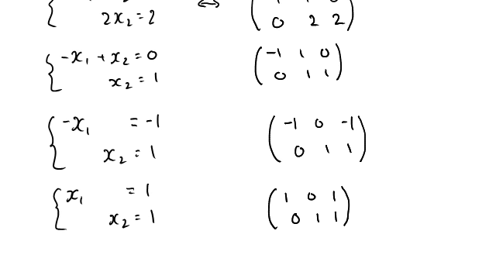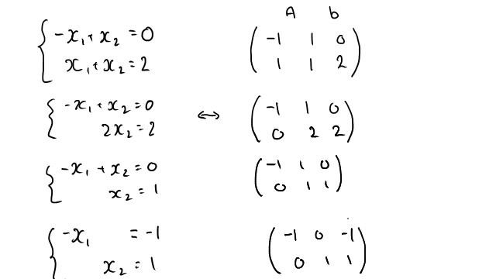That in turn means that if I perform an elementary row operation on an augmented matrix, I get a new augmented matrix which represents a completely equivalent system.